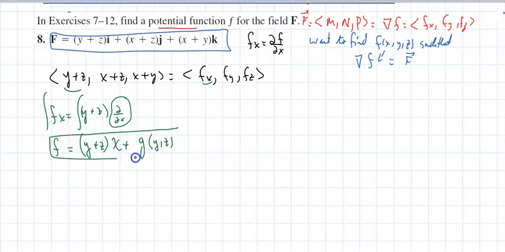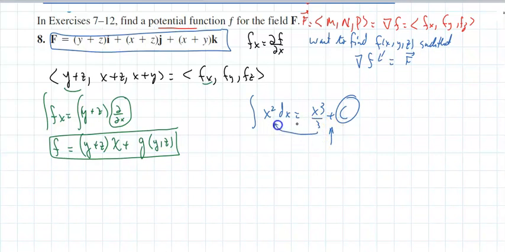Now comes the confusion. I'm going to review with you a little bit. If you were to integrate x squared dx, you would say that's x cubed over 3 plus c. What's c? C is a constant that, when you take a derivative of this, will zero out.